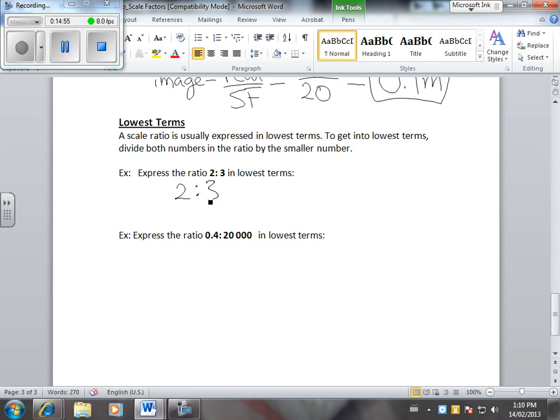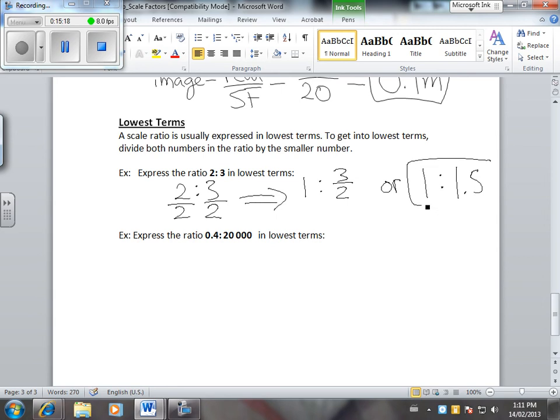So we'll divide both by 2 because 2 is the smallest. And then we end up with 1, because 2 divided by 2 is 1, to 3 over 2 ratio. Or we can say a 1 to 1.5 ratio. And that's our very, very lowest term. And you can see that it's lowest because it's lower than 2 to 3.